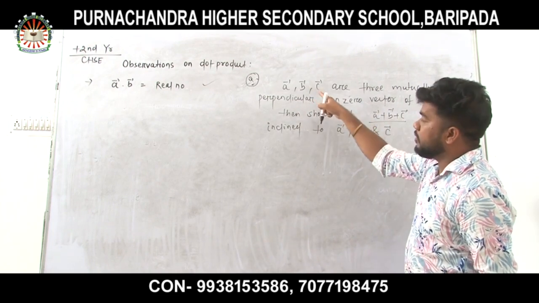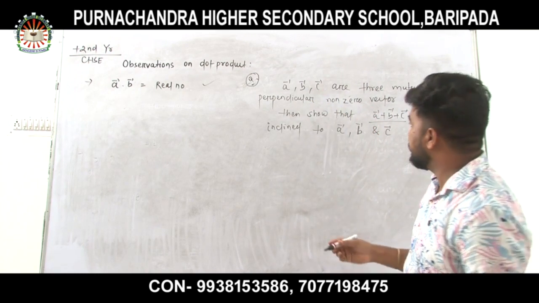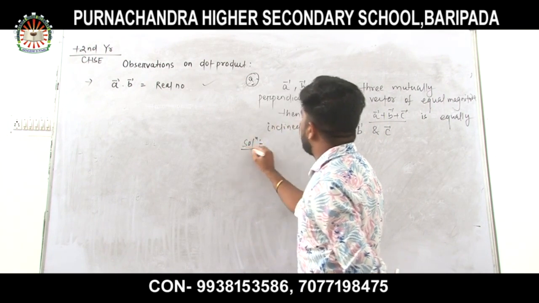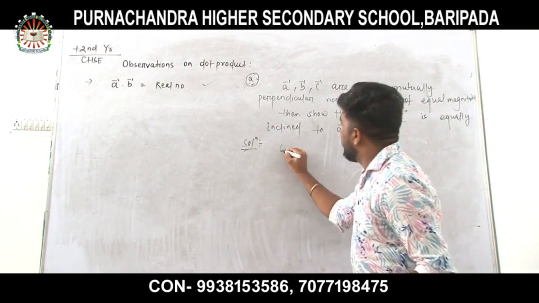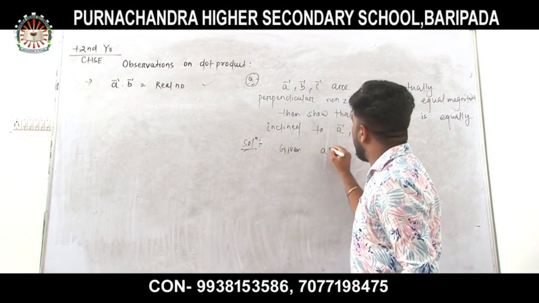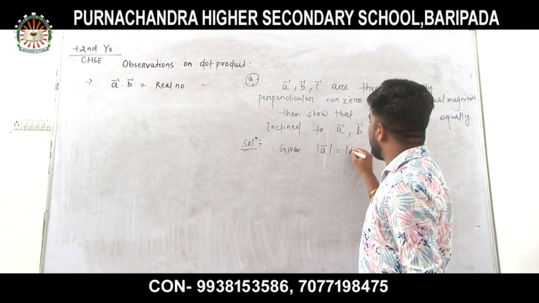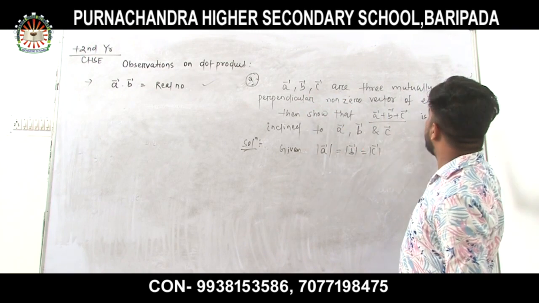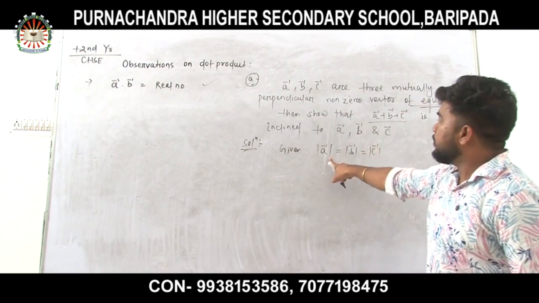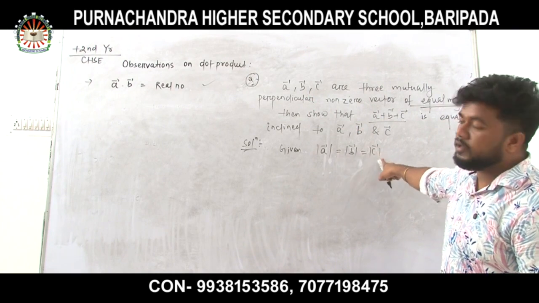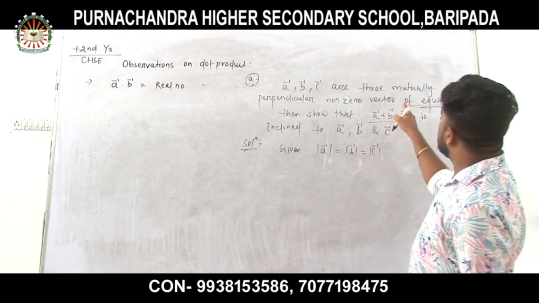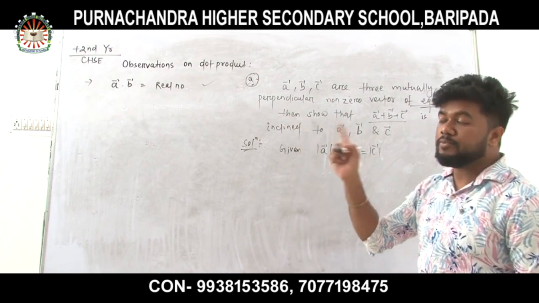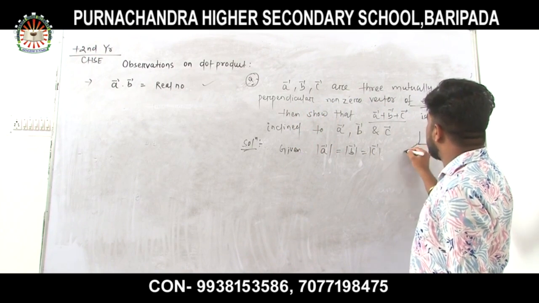Given A, B, C are three mutually perpendicular vectors. Given data: magnitude of A is equal to magnitude of B is equal to magnitude of C. Also, A, B, C are mutually perpendicular: A perpendicular to B, B perpendicular to C, C perpendicular to A. Just like that in 3D.